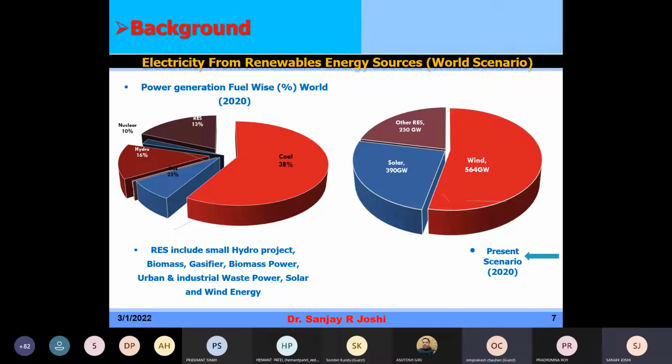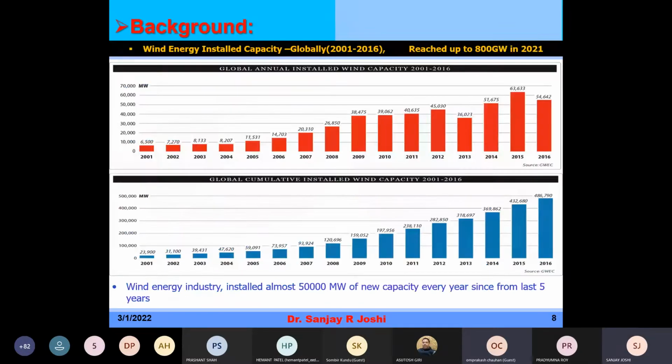If we bifurcate this 13% among solar, wind and other, we can clearly see that the wind penetration is more than 55% and it is of the order of 564 gigawatt. The upper graph shows the annual installation of wind generation, starting from 2001 to 2016, and the lower one gives you the global cumulative figures, right?